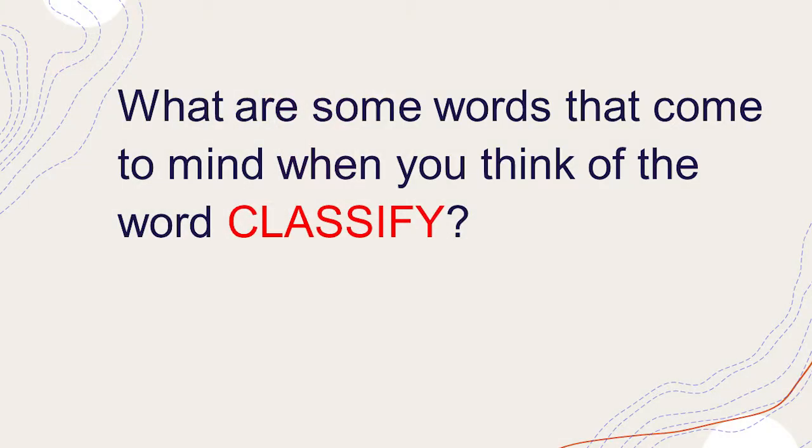So, I need your help to define the word classification. What is the root word of classification? If you said classify, then you are correct. Now, what are some words that come to mind when you think about the word classify? Take a minute to write them down. Are you ready?